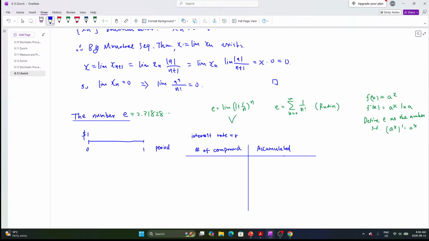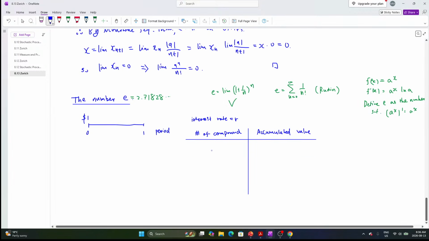I see. Awesome. So the accumulated value is as such. If there's zero compounding, then you just get 1 plus r at the end. That's the definition of interest rate after all. So actually this is compounding once. Think of it as compounding once.